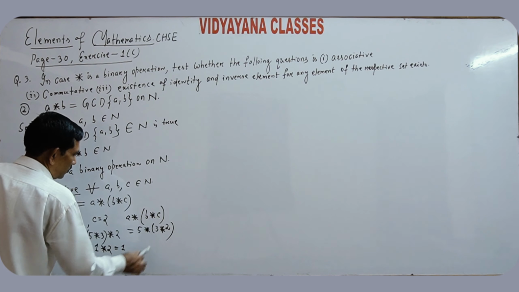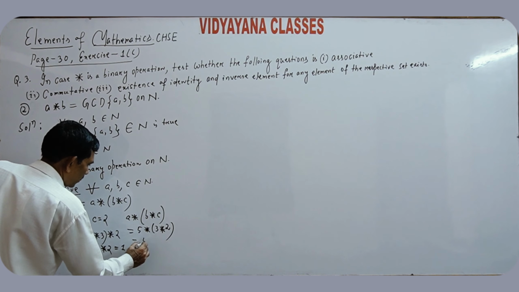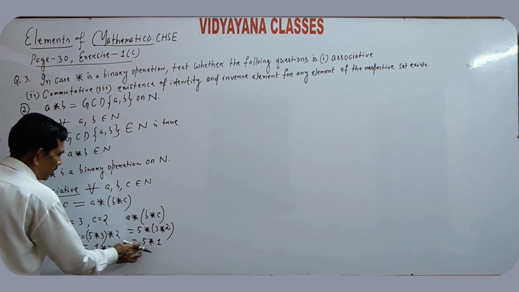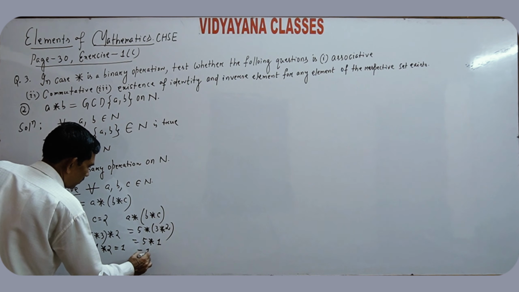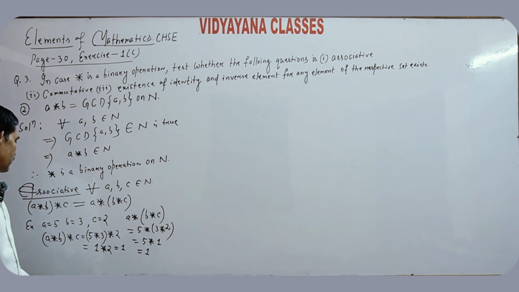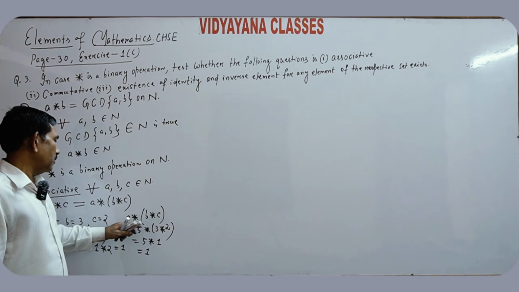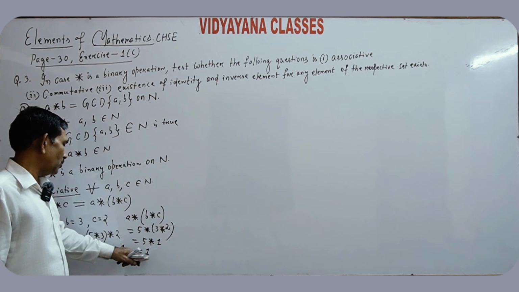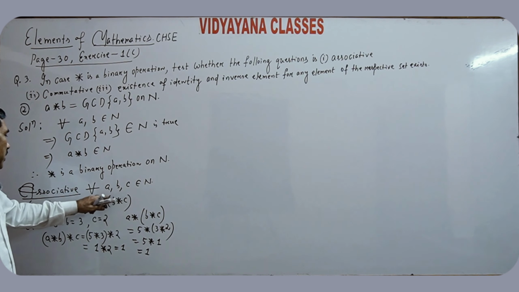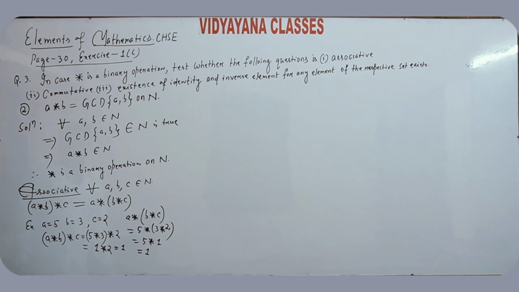GCD of 3 and 2 is 1, and GCD of 5 and 1 is equal to 1. So A star B star C is equal to 1 and A star B star C is also 1. So A star B bracket star C is equal to A star bracket B star C.